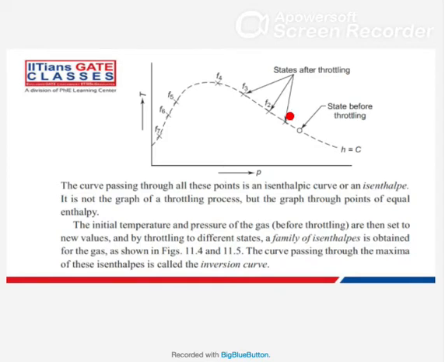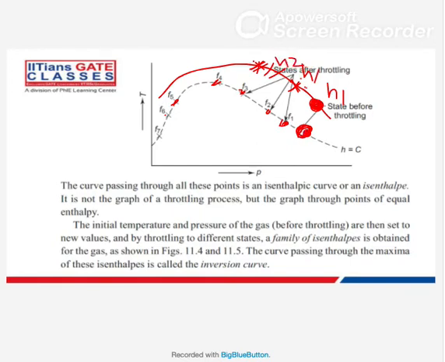Different enthalpies? No, enthalpy is the same, no? Here enthalpy is the same for the same inlet condition. If you are changing the inlet condition, then this enthalpy will change definitely. If you have changed the inlet condition itself, then let's say the enthalpy here is H1, then this also will be H1.